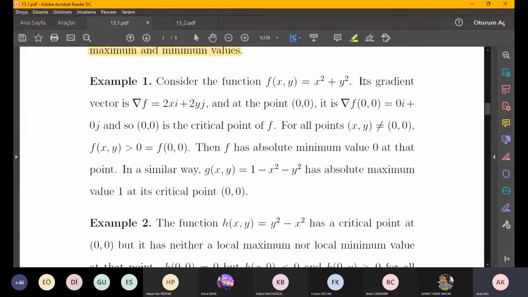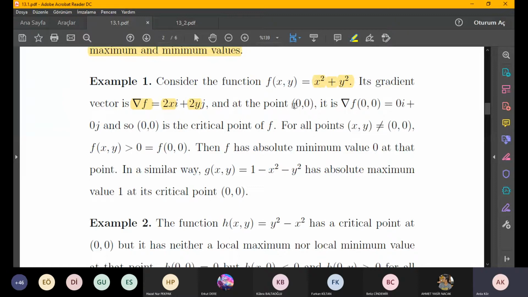Here is the paraboloid f(x,y) = x squared plus y squared, and if we compute the gradient of f, it will be f1(x,y) times i plus f2(x,y) times j. So the gradient vector has components 2x and 2y, and we will try to see where the gradient is 0.